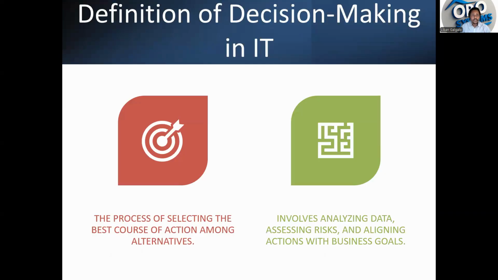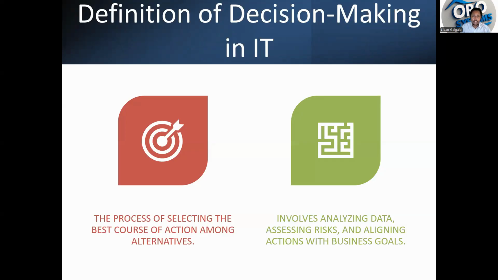So what is the definition of decision making in IT? As we touched on in the first couple of slides, it is the process of selecting the best course of action among alternatives. Because there are so many different frameworks out there, there should be right decision making in order to pick the one that works for the company.